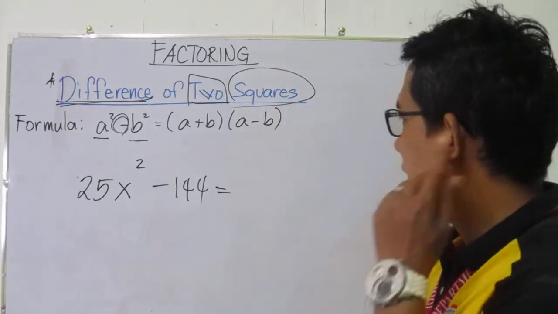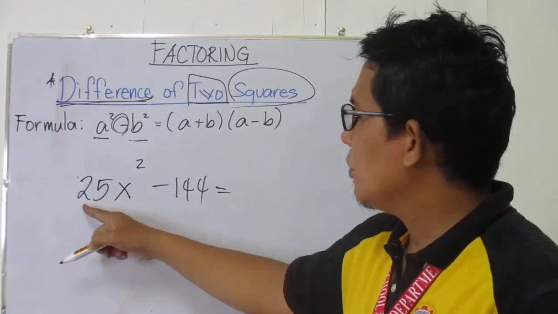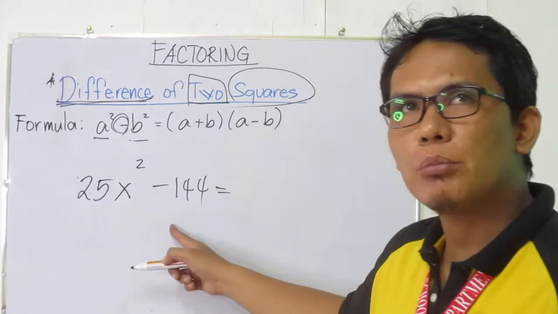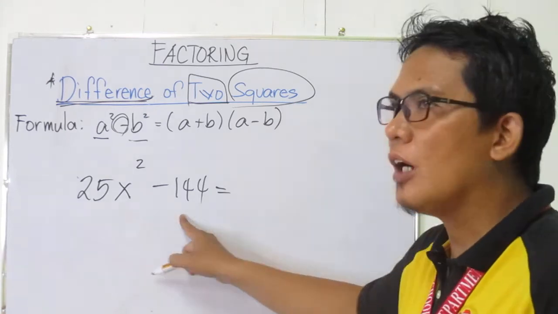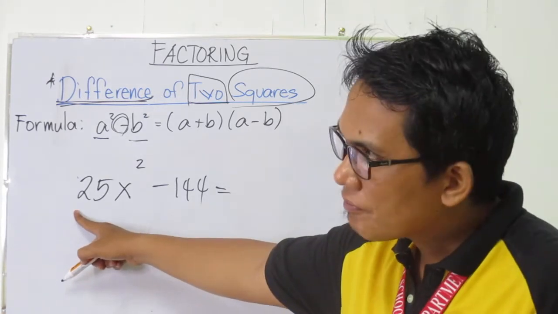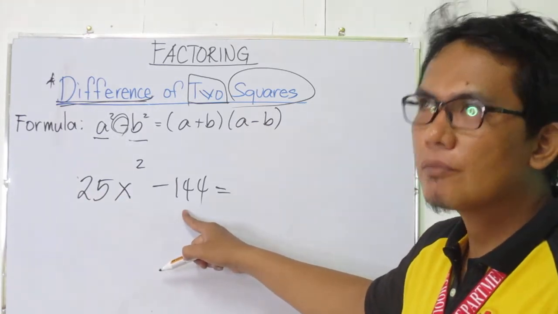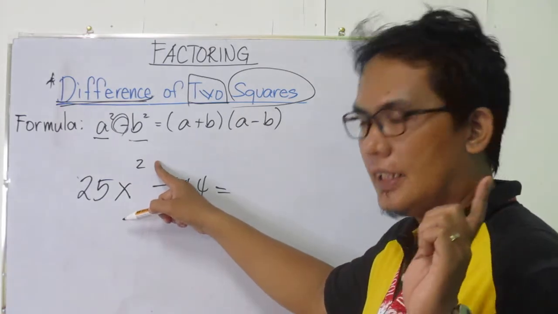So again, this problem is the difference of 25 and 144. What are the numbers that are multiplied by itself so that the product is 25 and 144? For 25, yes, it's 5. How about for 144? 12. Very good. And for our x squared, it is simply x.